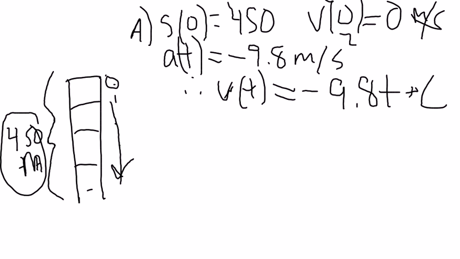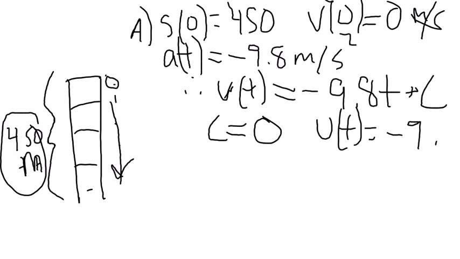And since V of 0 is equal to 0, c is equal to 0. And so our velocity as a function of time is just going to be negative 9.8 t.